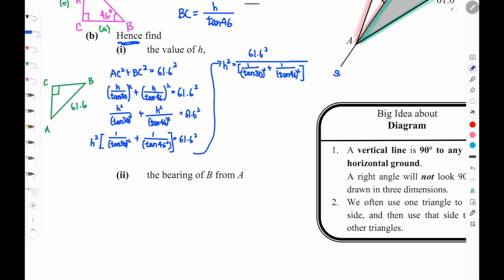I will type this whole thing into my calculator. I get h squared equals 964.909628. Bring my square over.